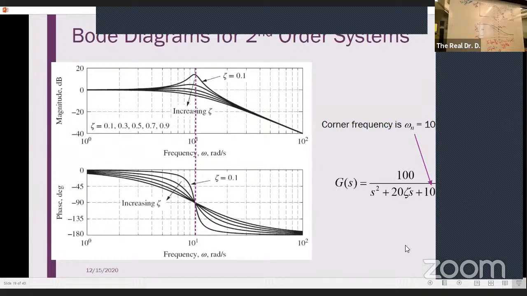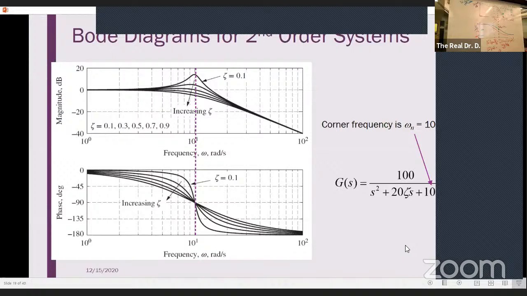There it is. As damping ratio increases, we will flatten out our phase. What does this physically mean for us? This means that the more damping we have, the faster we will lose phase. Because look, this curve at the top for zeta is 0.1, that stays fairly flat for a pretty decent amount of time. But then when we lose phase, it drops sharply.